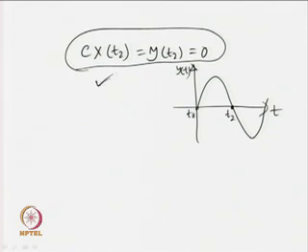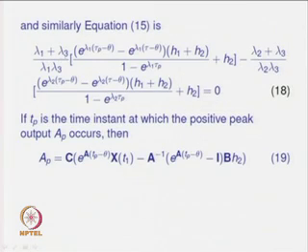When the x t 2 expression is substituted here, one obtains lambda 1 plus lambda 3 upon lambda 1 lambda 3 times e to the power lambda 1 tau p minus theta minus e to the power lambda 1 tau minus theta times h 1 plus h 2 upon 1 minus e to the power lambda 1 tau p plus h 2 minus lambda 2 plus lambda 3 upon lambda 2 lambda 3 times e to the power lambda 2 tau p minus theta minus e to the power lambda 2 tau minus theta times H1 plus H2 upon 1 minus e to the power lambda 2 tau p plus H2 is equal to 0.